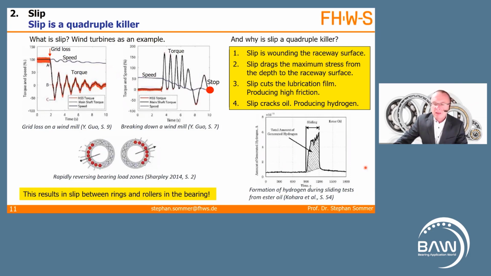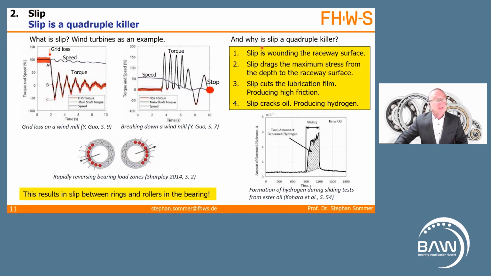And again, this is causing a strongly varying torque until the torture for our bearings is over and the windmill is brought to a stop. Especially the high variations in torque produce rapidly reversing load zones, and the result is slip in the bearing rings and the rollers.